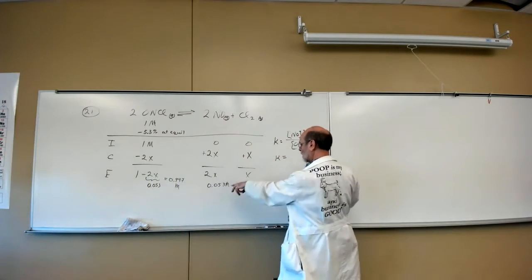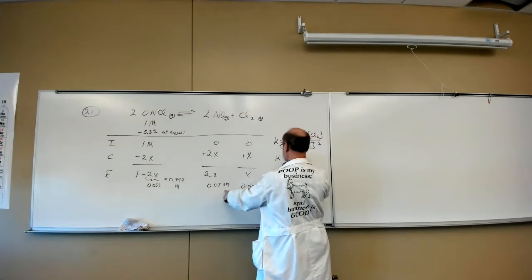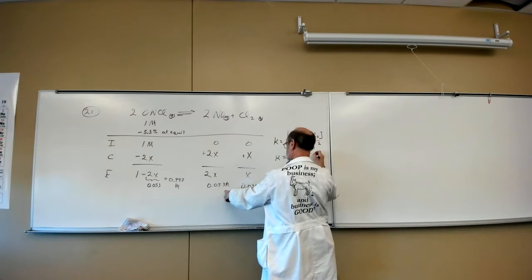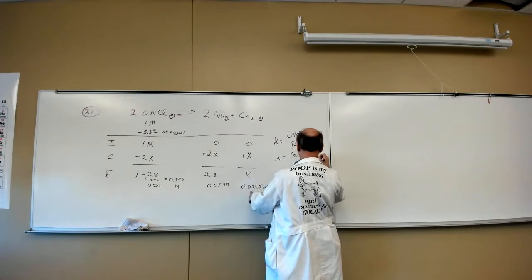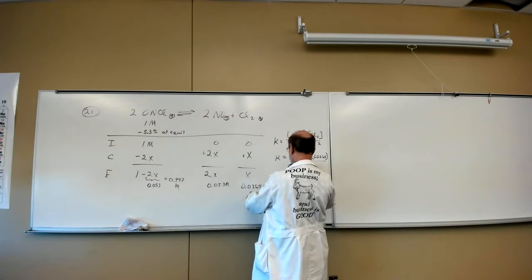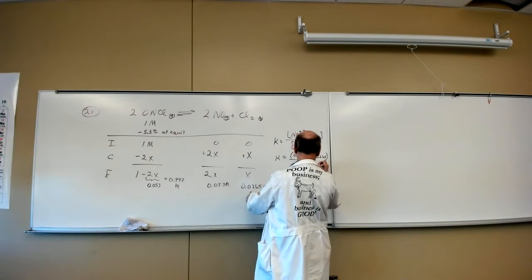So K is going to be 0.053 squared and 0.0265 divided by 0.947 squared.